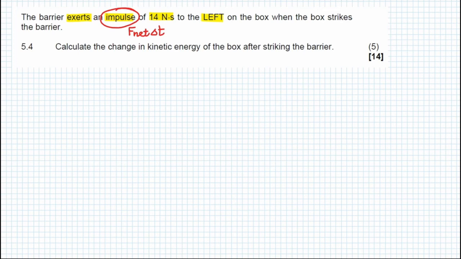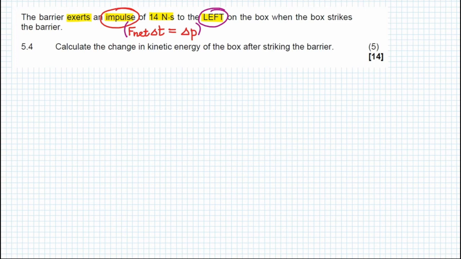And we know, according to the momentum impulse theorem, that impulse is equal to an object's change in momentum. Impulse is a vector quantity, and that is why they tell us that the impulse is towards the left. That means that if we make any substitution into this formula, then we must take direction into consideration.